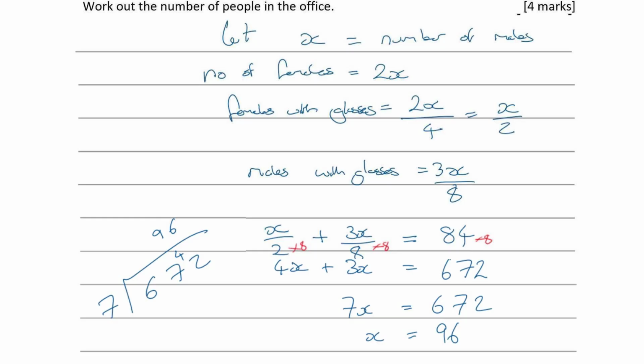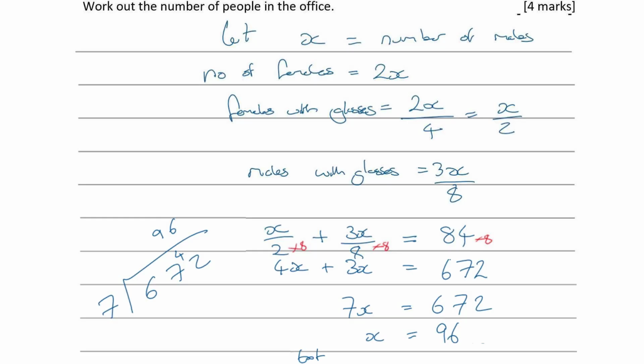So now I should know the number of everything. Work out the number of people in the office. Okay, there are twice as many females as males, so we decided there were 96 males. So altogether there are going to be 96 males and 2 lots of 96 females.